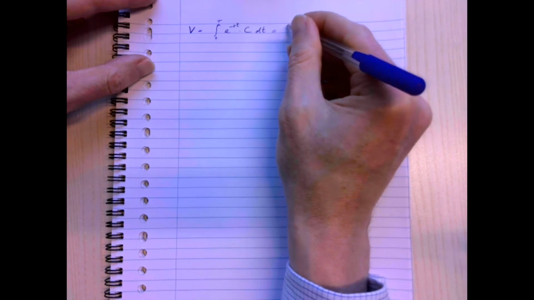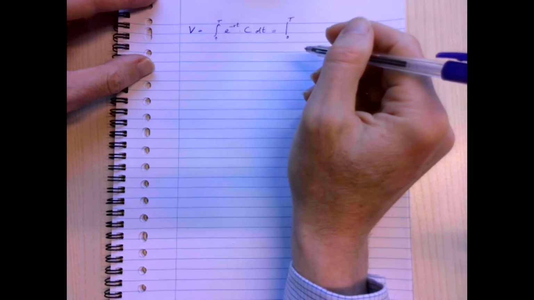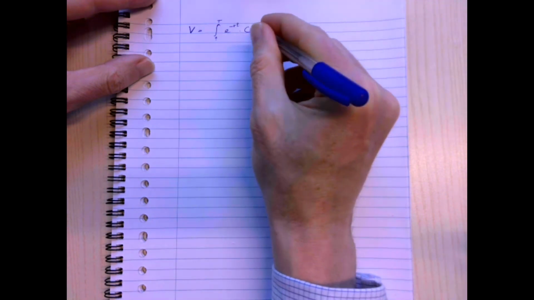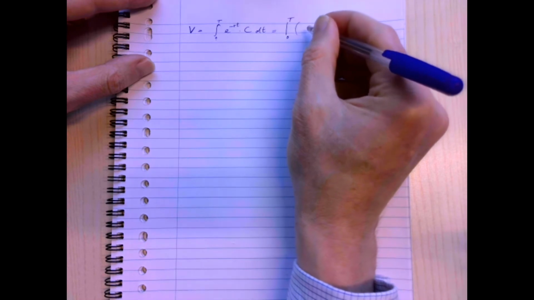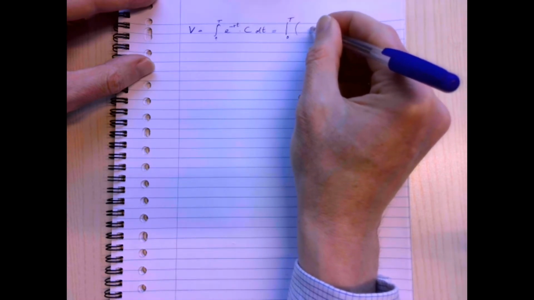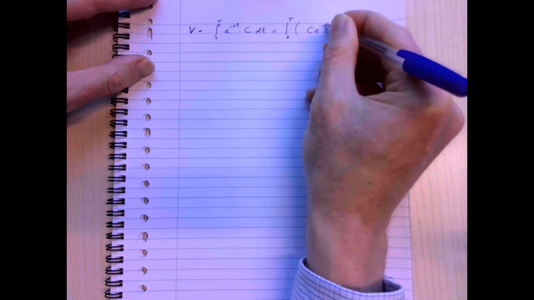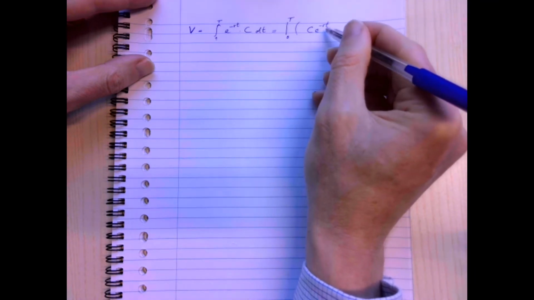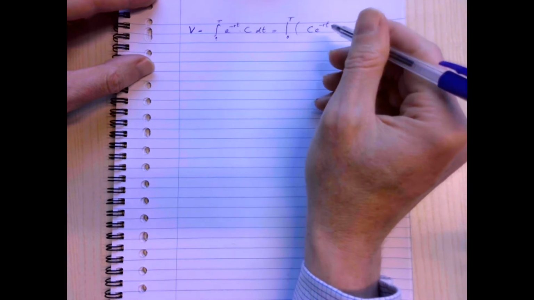So what do I need to do? I need to evaluate between these two boundaries, t equals 0 and t equals capital T, the indefinite integral of this expression. So what is that indefinite integral? It is going to be C times e to the minus rt itself. What happens if I take the derivative here? Then this minus r will come down, by the chain rule.